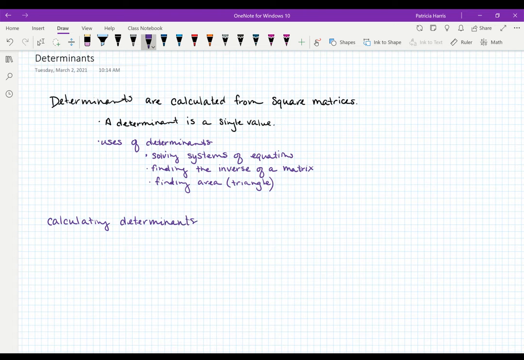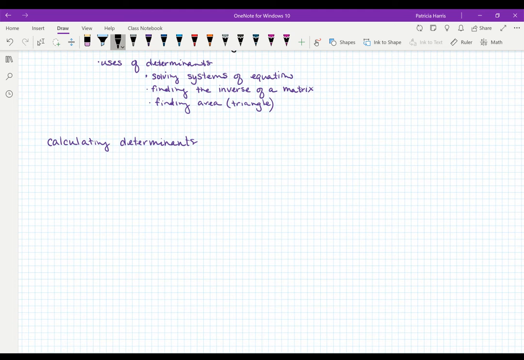So we always start with a square matrix. Okay, we're going to start with 2x2 because the 2x2 calculation is slightly different from the 3x3. Now, I'm only going to show you 2x2 and 3x3 by hand. Anything larger, like 4x4 or 5x5, we're going to let the calculator handle.